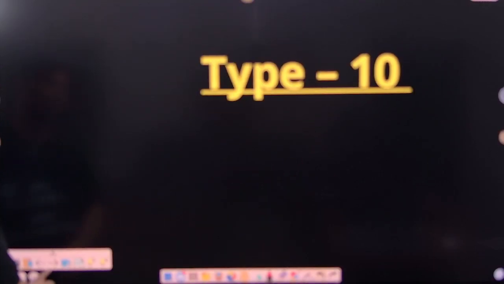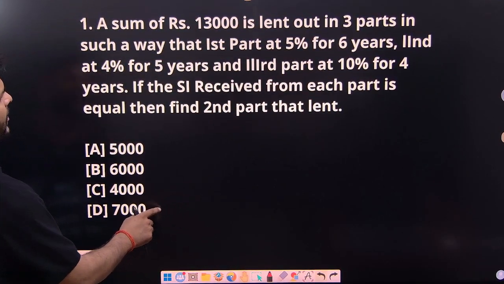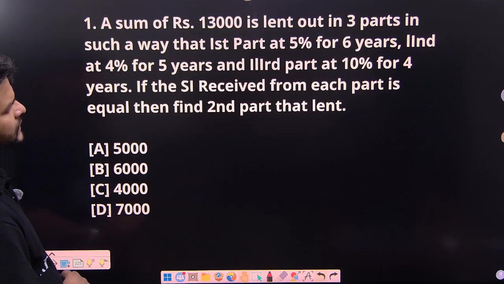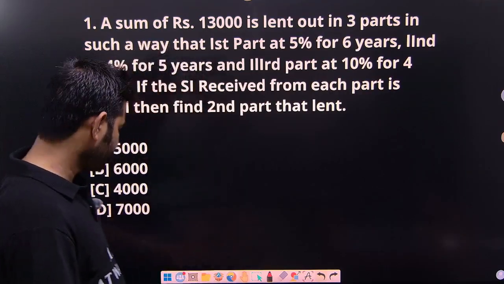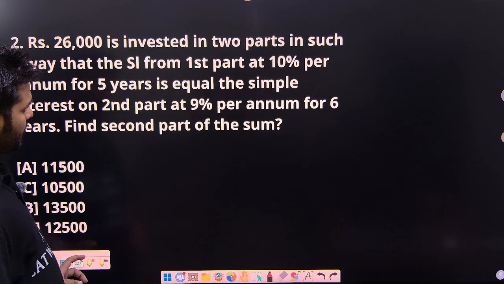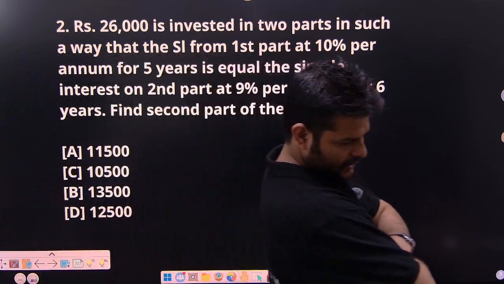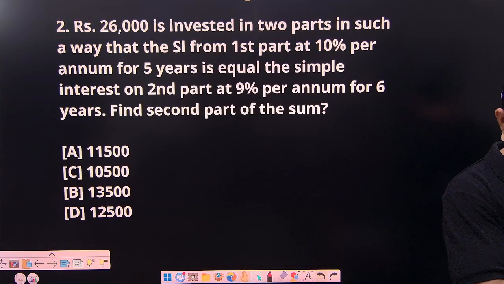Type 10. Try to do question number first. Basically, guys, first you need to do the question number second. We will generate a formula. Before generating the formula, just do question number second.